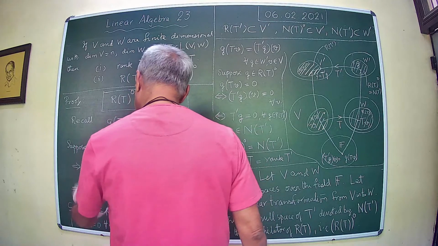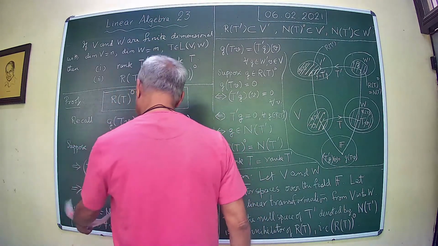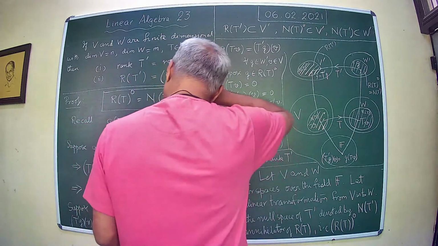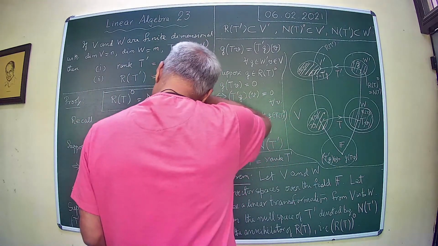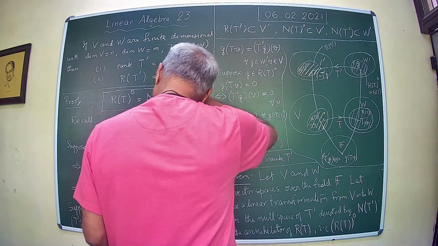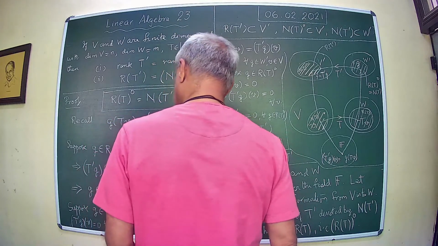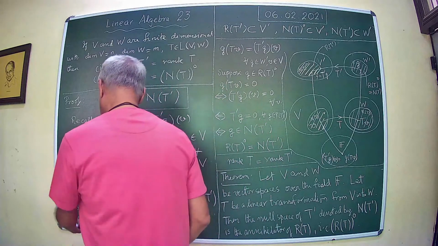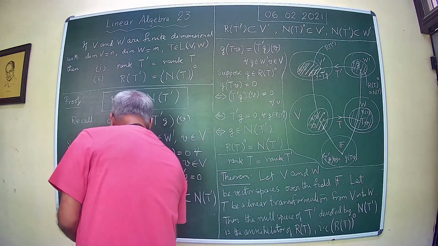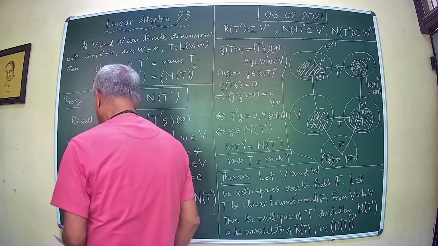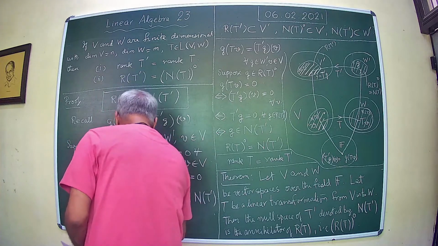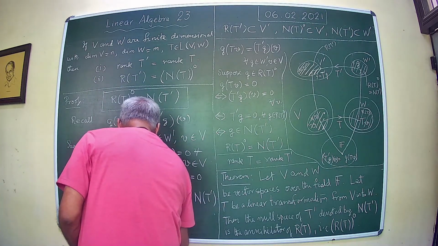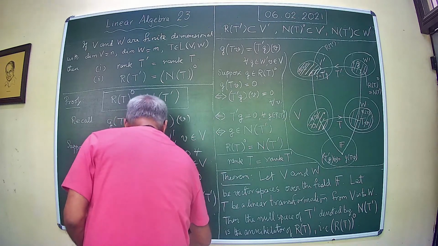See, we apply the relation, the definition of T prime connected with T. Then what do you get? g of T of v equal to 0 for every v.